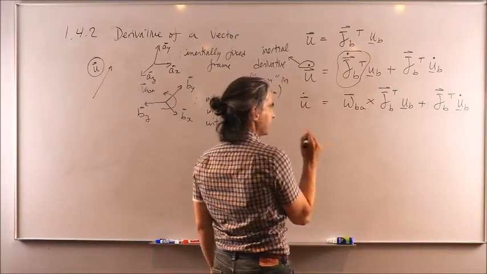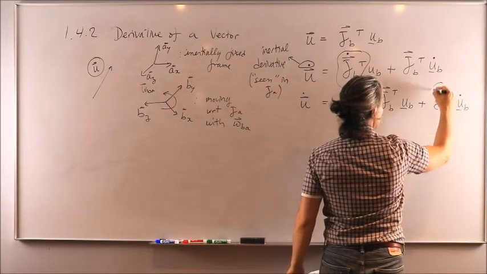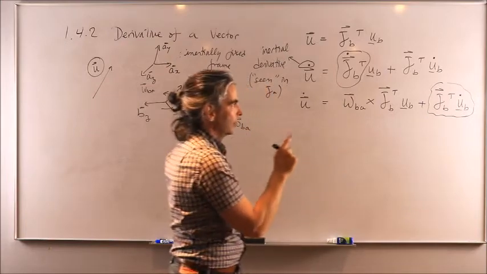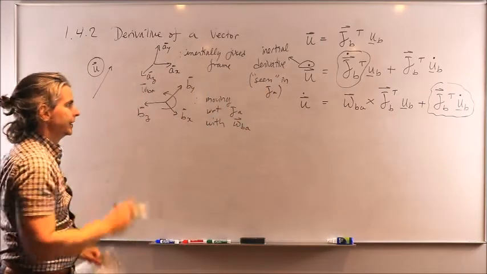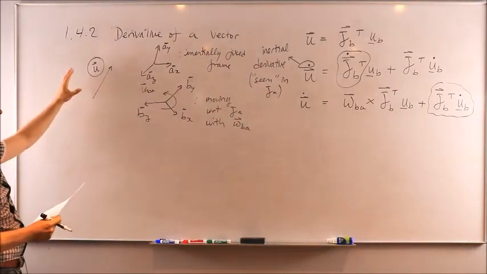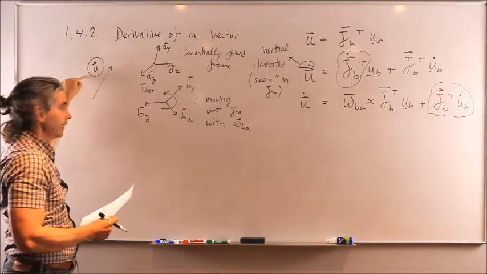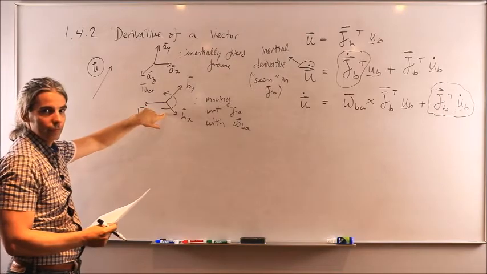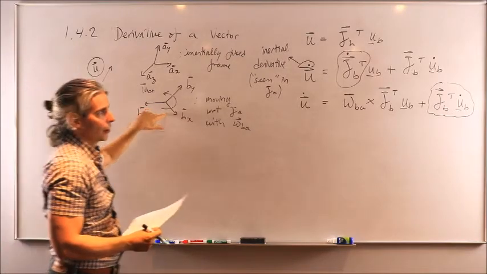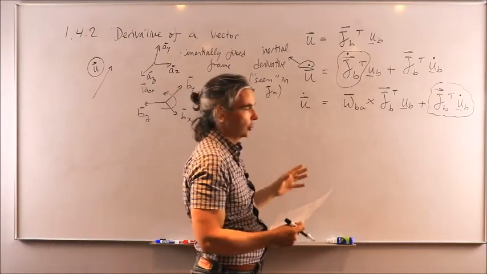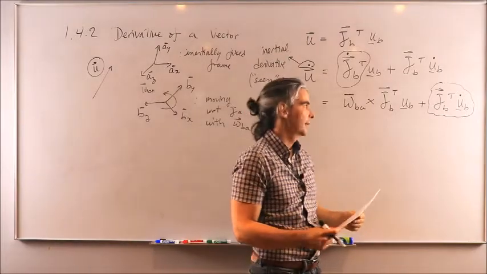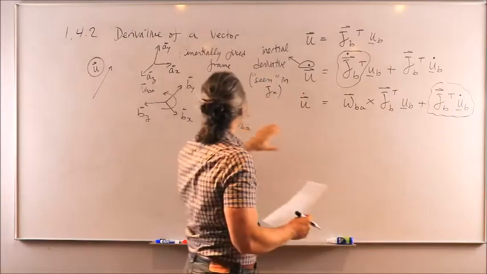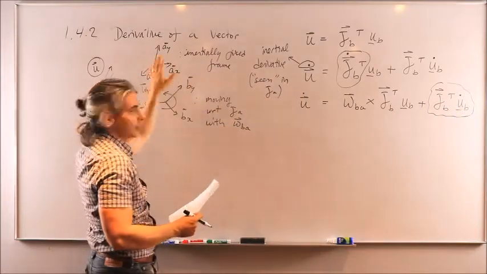Well, wait a second. Let's pay attention to this term for a little while. I said that this was the derivative of the components of this vector seen from the moving reference frame. Turns out that this is not the inertial derivative, because the inertial time derivative better be expressed in the inertially fixed reference frame.